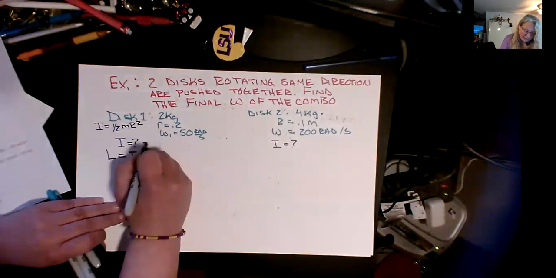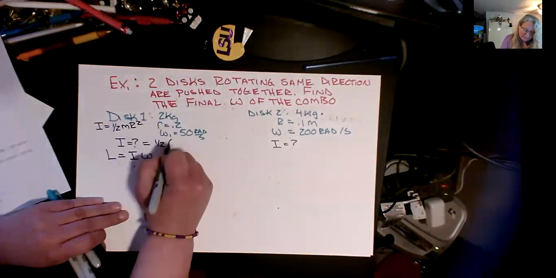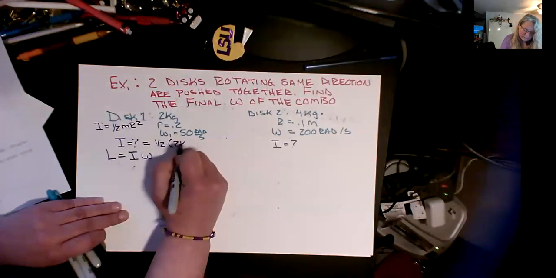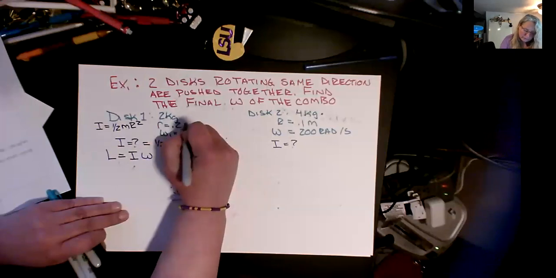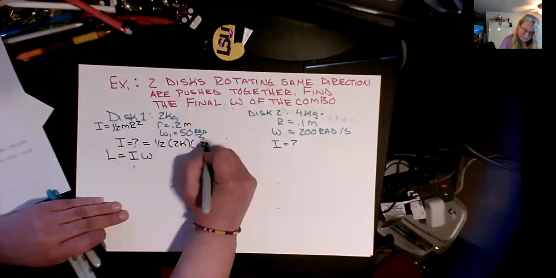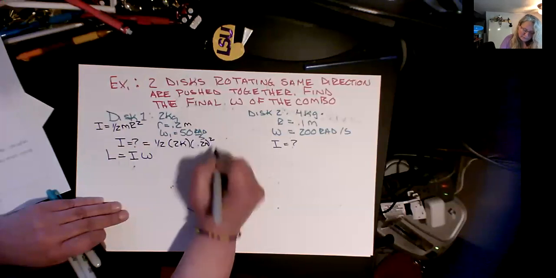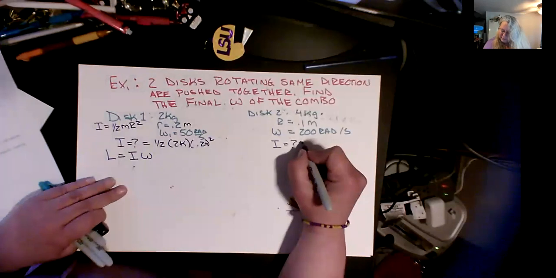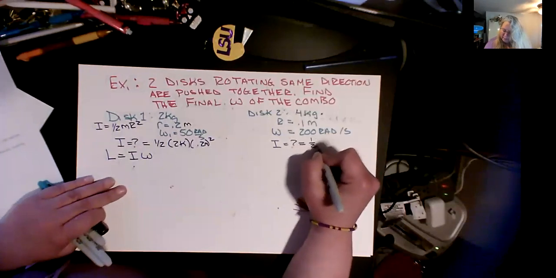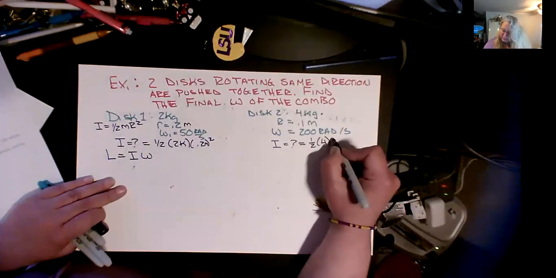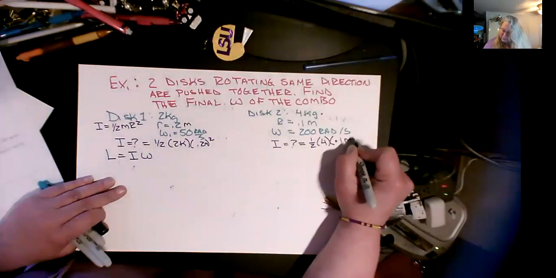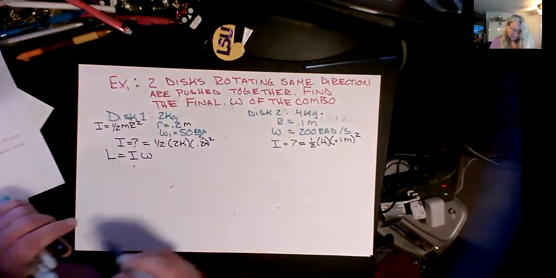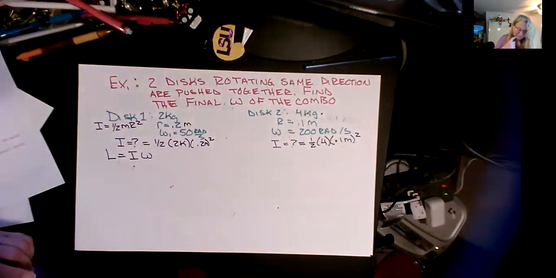So my I here is going to be 1/2 times this 2 kilograms times the radius squared, 0.2 meters squared. And over here, this I is 1/2 times 4 times 0.1 meters squared. Okay, so now I have that.